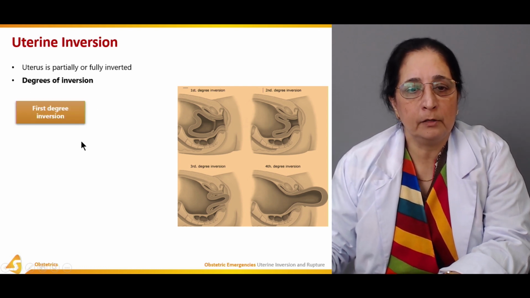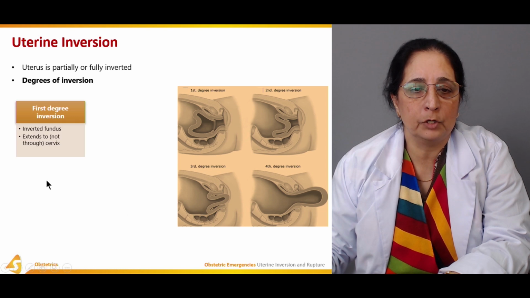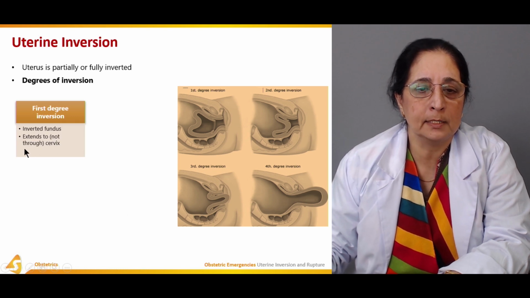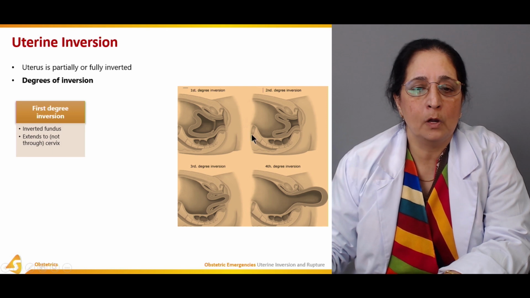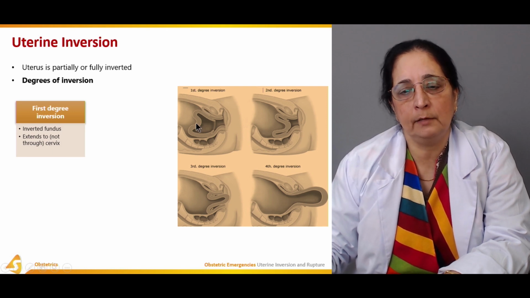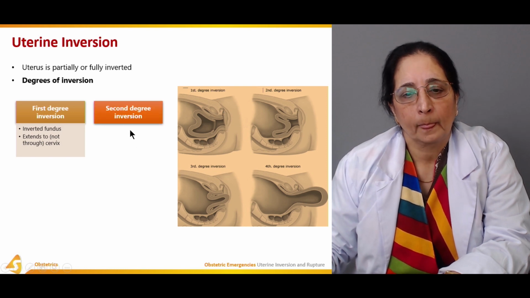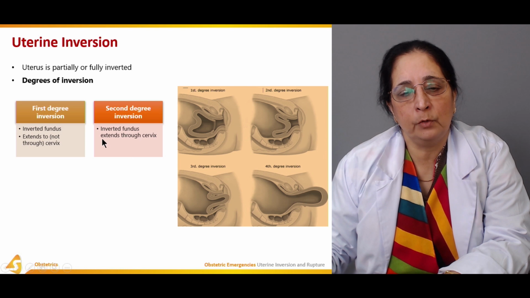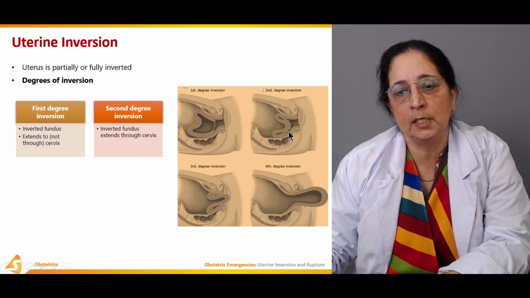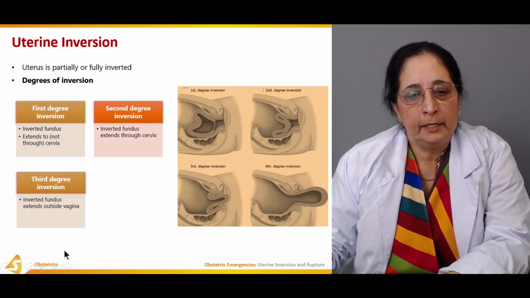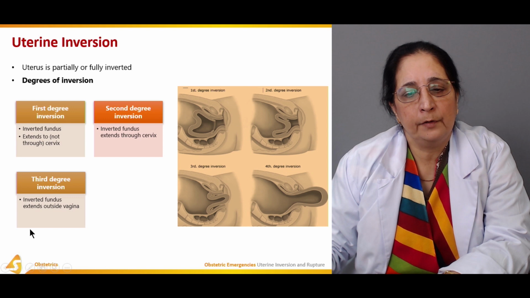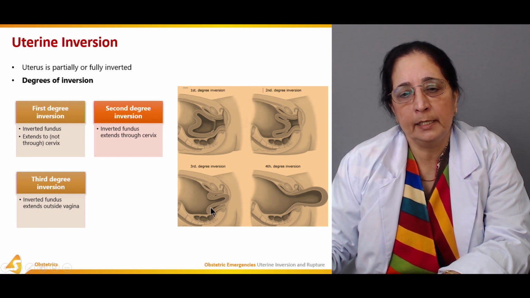So degrees of inversion: in first degree inversion, the inverted fundus does not extend through the cervix. So here the fundus of the uterus is inverted only. In second degree inversion, the inverted fundus extends through the cervix. Third degree, the inverted fundus extends outside the vagina.